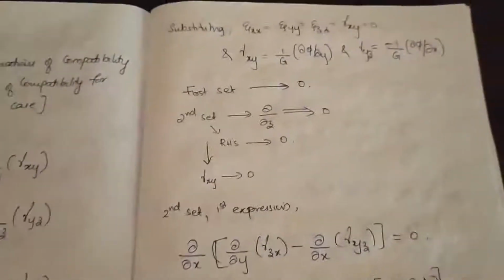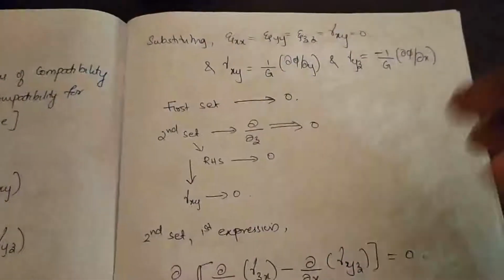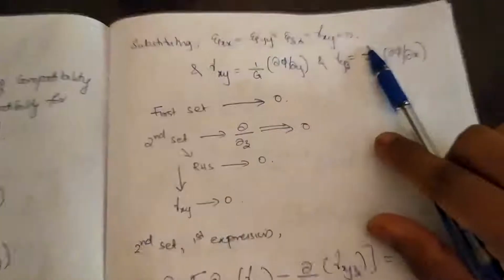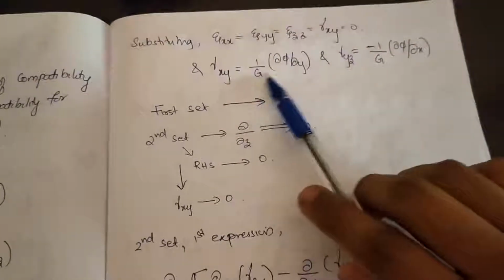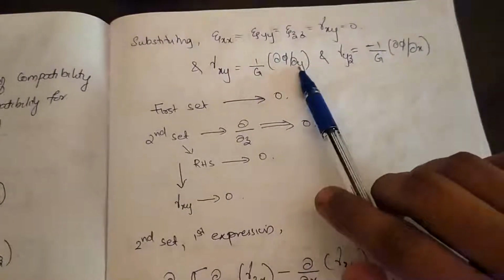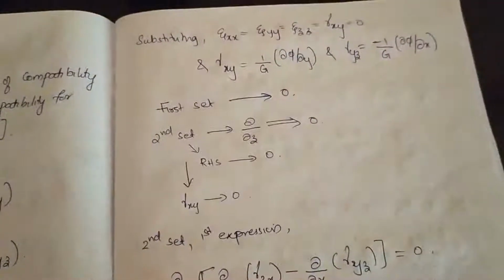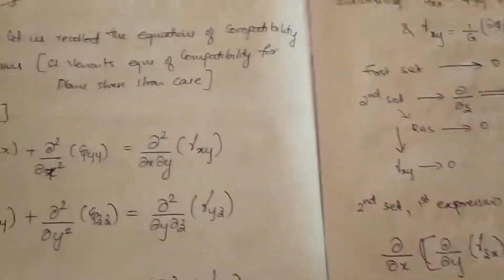Okay, now substituting these values, that means epsilon xx, yy, zz, gamma xy equal to 0, and applying this equation, gamma xz equal to 1 by G dou phi by dou y, and gamma yz is equal to minus 1 by G dou phi by dou x. See what happens.